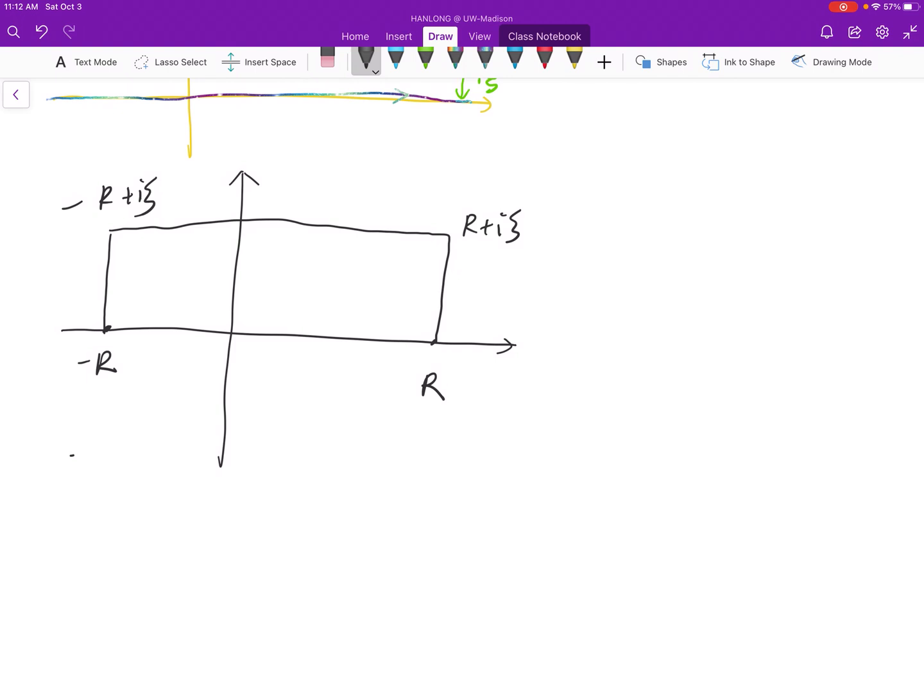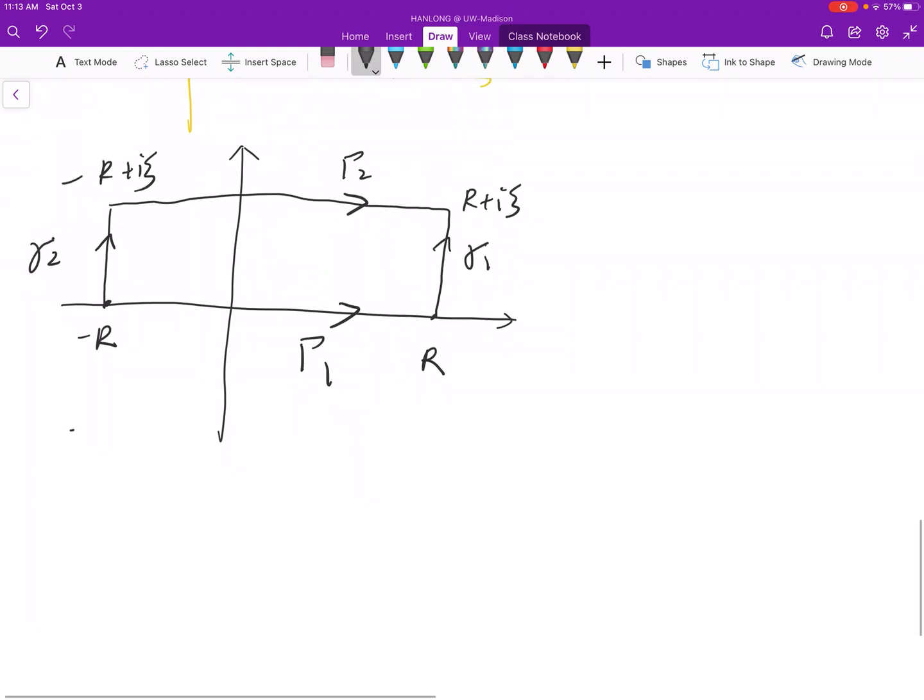And we give the orientation. The horizontal line lying on the axis is denoted by gamma 1, with orientation from left to right. The other horizontal path is denoted by gamma 2, with the same orientation from left to right. And then you have small gamma 1 and small gamma 2 for the vertical sides, respectively.